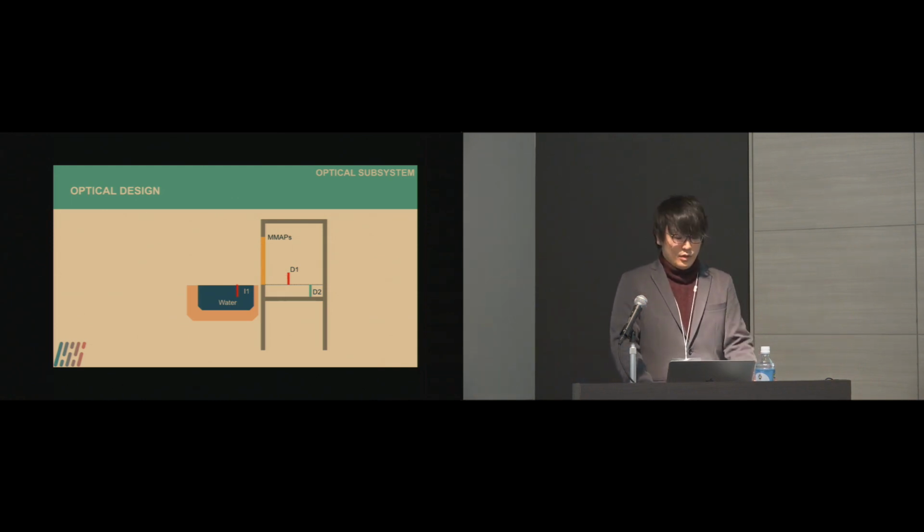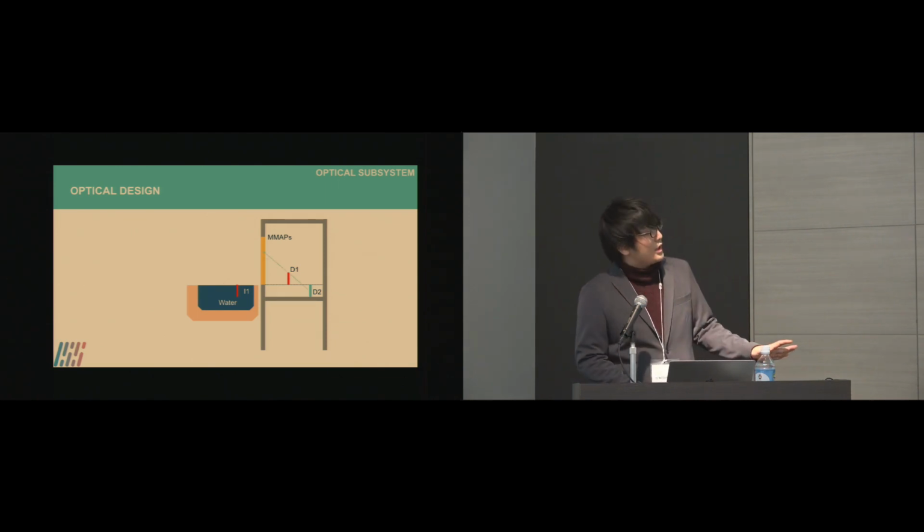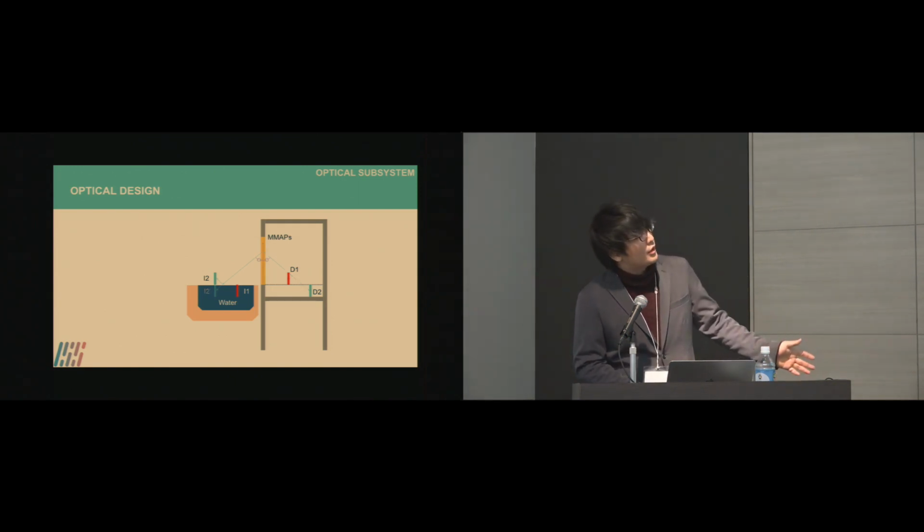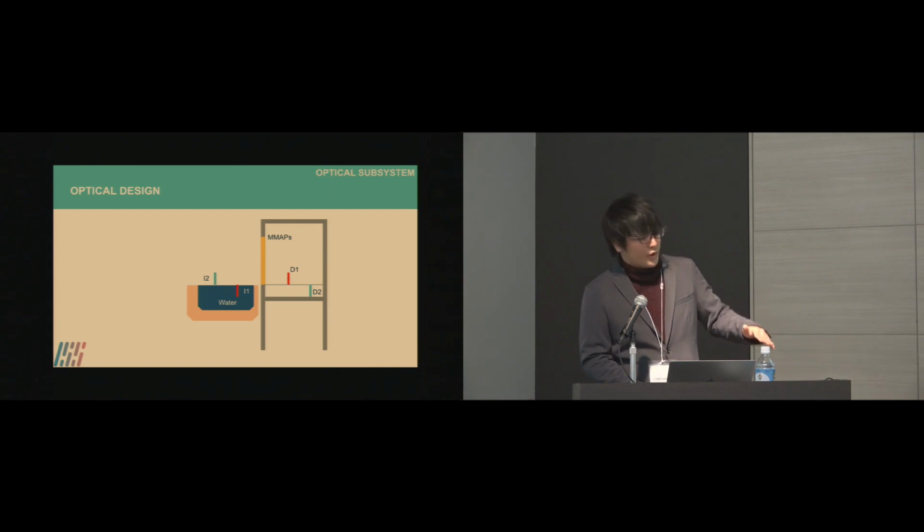Second, to form the image on the water surface, the water surface forms the mid-air image at I2 on the water surface with light reflected from the MMAPS from another light source at D2 located below the water level.